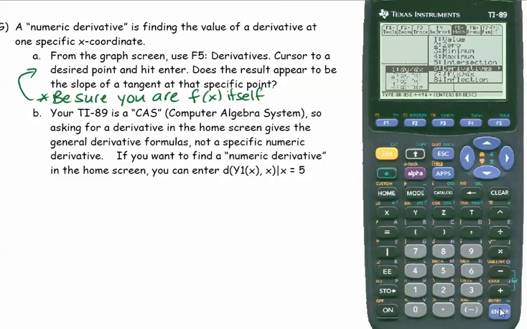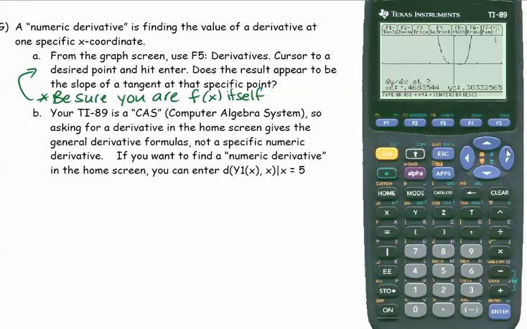If we're doing parametric equations, that's when you'd have more variables to choose from. And now I can move my cursor wherever I'm interested. So if I left the cursor there and hit enter, it's going to tell me the slope. The derivative at that point is -2. Does that look like a reasonable slope of a tangent line?